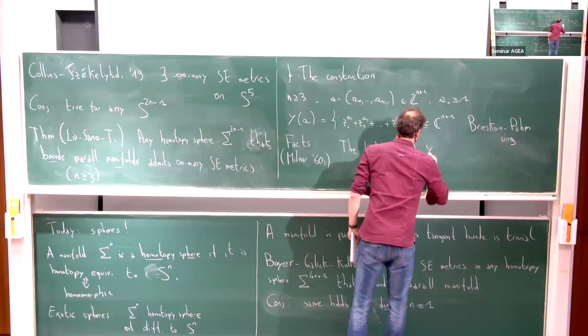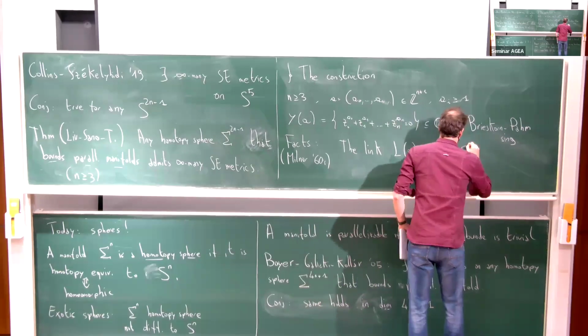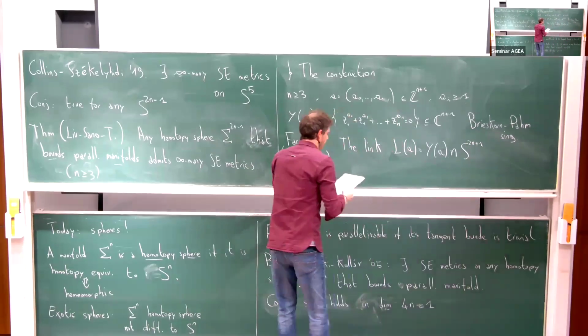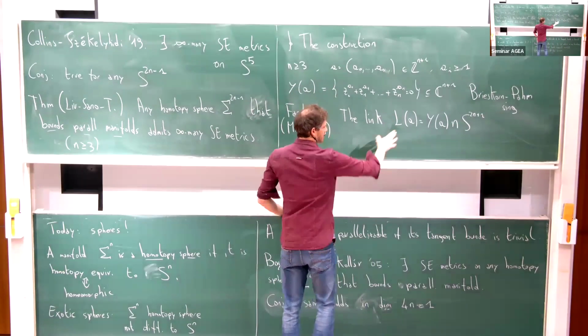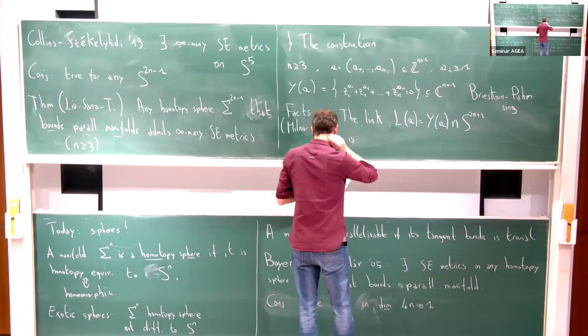So this is just YA, and you intersect with a small sphere. This is a real manifold, and it's also compact.